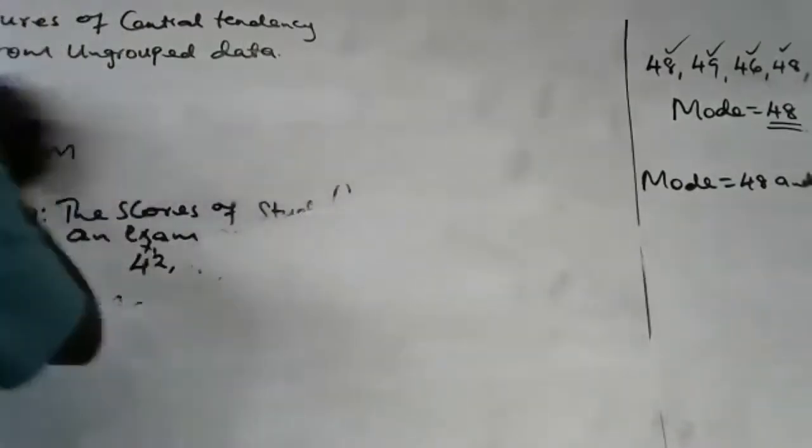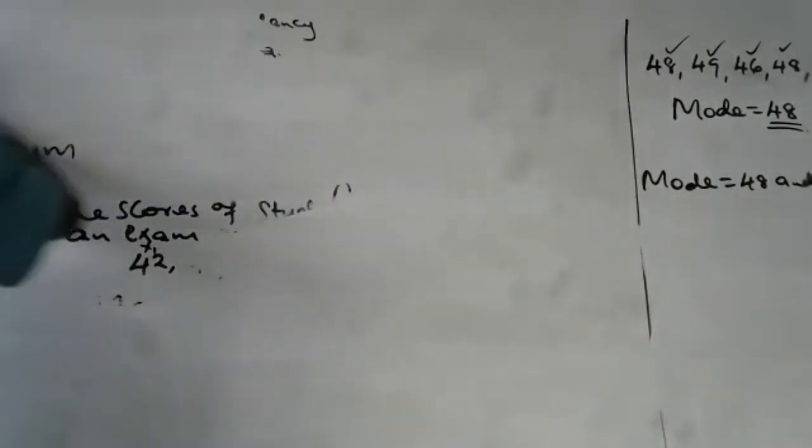If the data is grouped, how do we calculate these measures of central tendency?